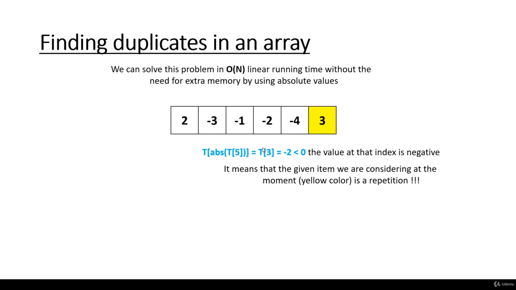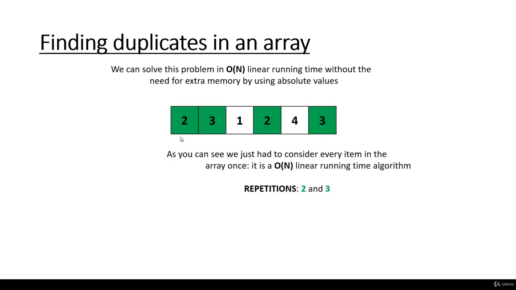It is going to be the item with index 3. 0, 1, 2, 3 has the value -2, which is smaller than 0. So we know again that there is a repetition. So we came to the conclusion that there are several duplicates in this one-dimensional array. To be exact, the number 2 and number 3 are repetitions.